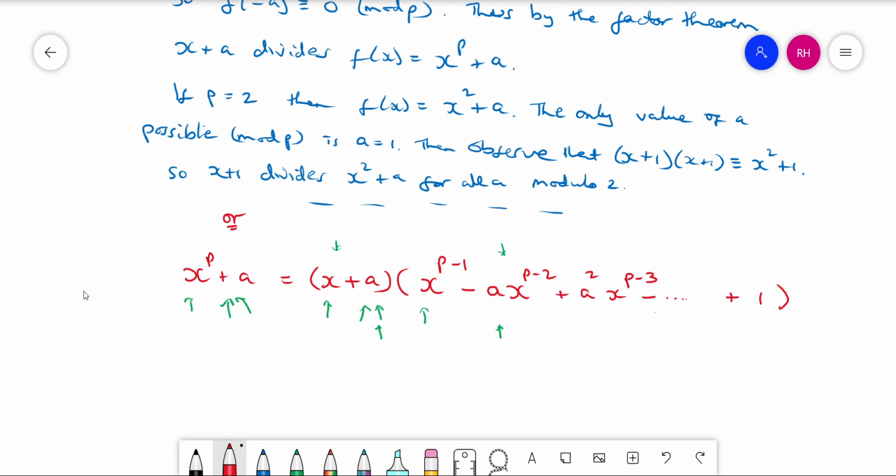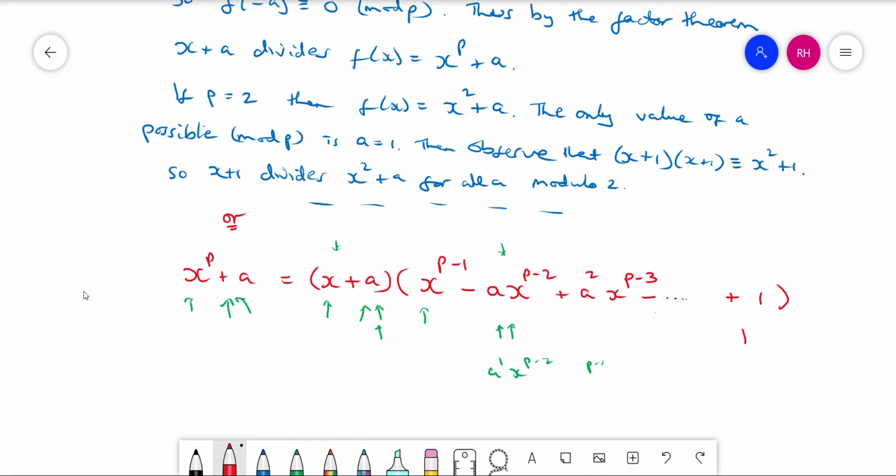Now the only thing I need to think of now is, do I need to have an a term here? So this one here, let's have a think about this one. This one is a to the 1, x to the p minus 2. So these powers add up to p minus 1. So maybe I need to put here a to the p minus 1. And a to the p minus 1 is 1. So yeah, that'll be fine.